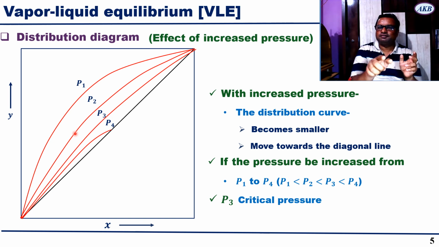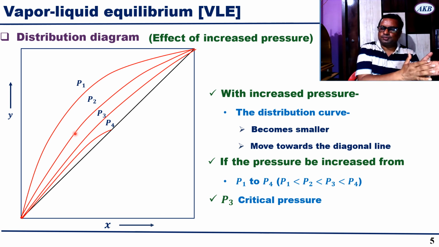Mole fraction in the liquid phase is plotted on the x-axis. Mole fraction in the vapor phase is plotted on the y-axis. So you get a curve, and when it lies above the diagonal line, it indicates that the vapor phase is rich in the more volatile component at equilibrium, and this is essential in order to have successful distillation.